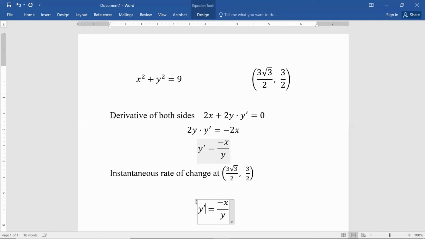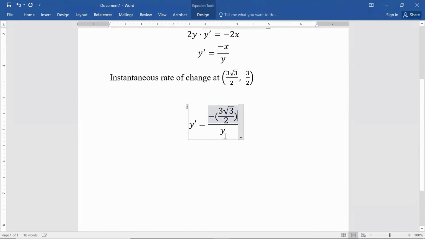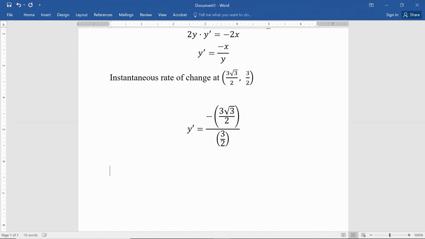In this scenario, my x value is 3 root 3 over 2. And my y value for this point is 3 over 2. So I plug in my x value on top, I plug in my y value on bottom, and then I would simplify. I'll do that in a short fashion.